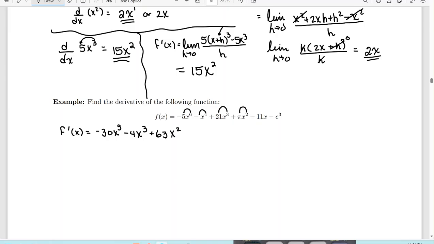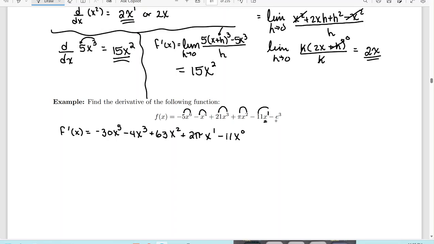Now these powers are coming down in front of a variable, so we can use the power rule. So 2 pi, pi is just a number, x to the 1, and then the derivative of x is just 1. Now, you can pull the power down in front. Negative 11 times 1 is negative 11. x to the 0, but x to the 0 is 1.